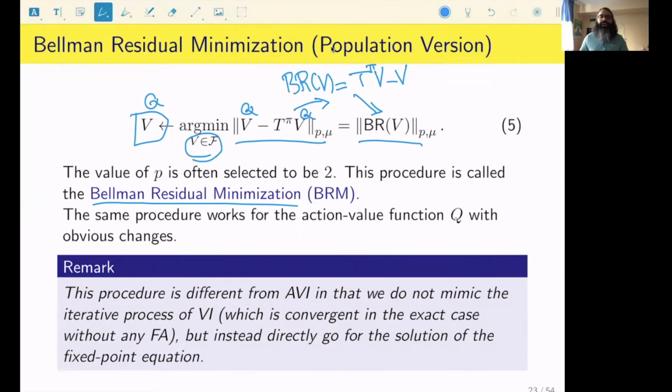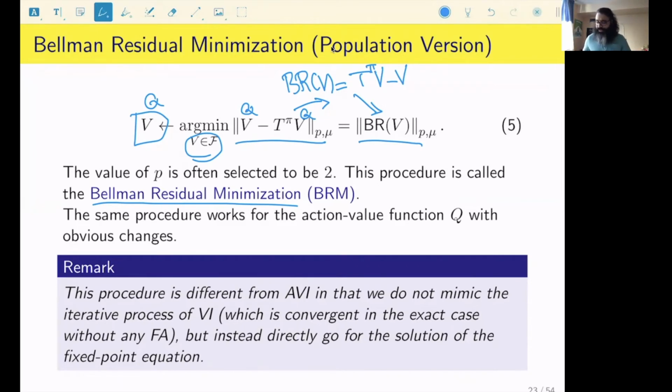Here, however, this is formulated as an optimization problem. Given that optimization is not necessarily easy, but suppose we can solve the optimization problem in one shot, it gives us the value function for that policy.